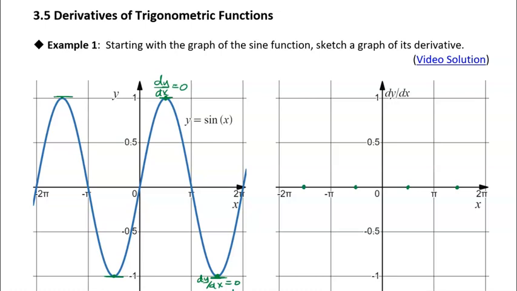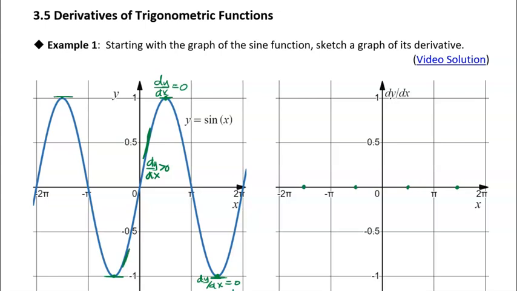And then from there we can look at where the slope is positive and where it is negative. Okay, so if we just look here in the first quadrant, we've got dy/dx greater than 0, right? If I draw a tangent line anywhere on this portion of the curve over here, it has a positive slope, right? So it has to be positive, and it's positive down here as well.